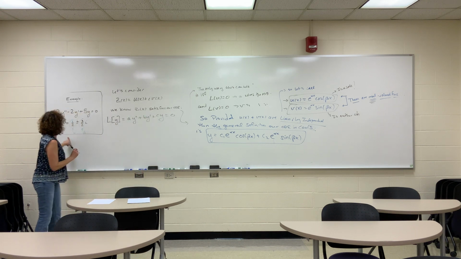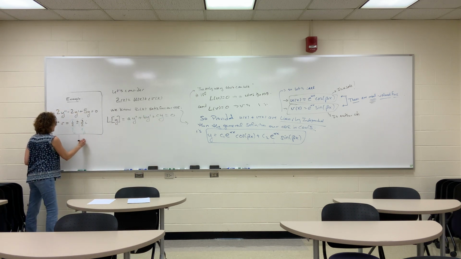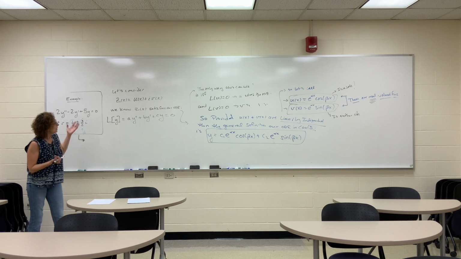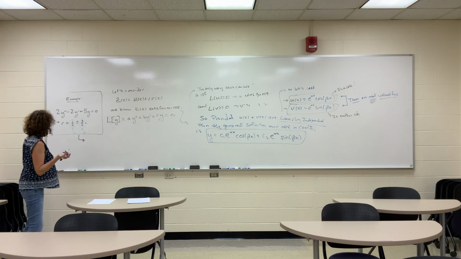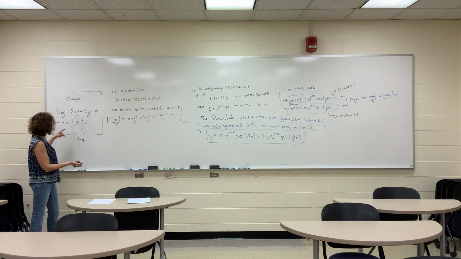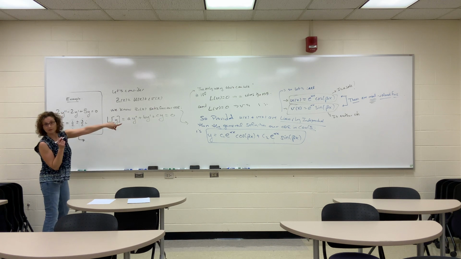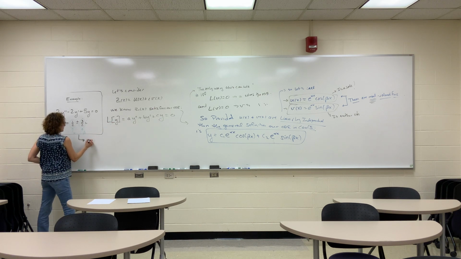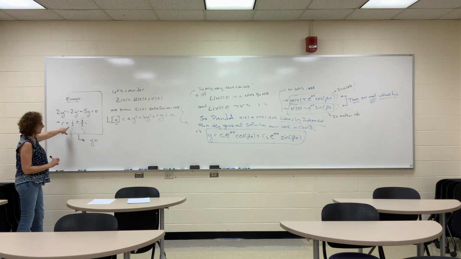So let's come over to the example problem we were working on last time. Last time all we had was the complex valued solutions, and now that we know this, we can immediately write down the general solution, right? After we show that we have linear independence, which you're going to do in just a sec. But what would be the solution to this equation then? y is, what is alpha? 1/2. What is beta? 3/2.